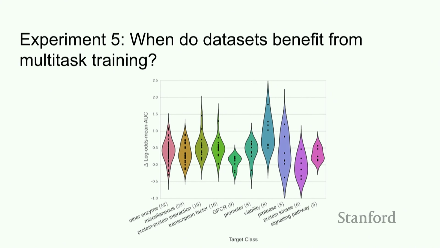Each black dot represents a specific target data set, and it appears there's not much difference in what kind of benefit you can get from being in a different category, although some of them do have marginal variation. But in general, the benefit for multitask learning isn't really that dependent on which category it's in.